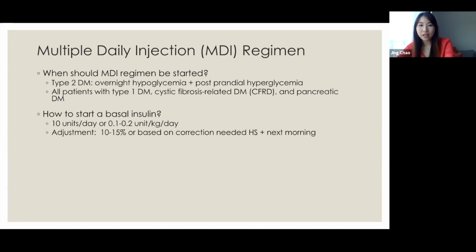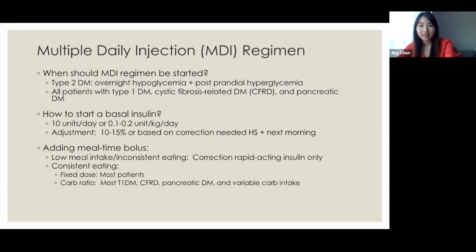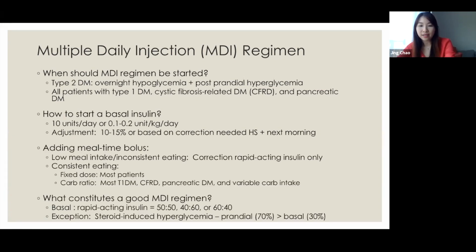So what constitutes a good multiple daily injection regimen? For the basal insulin, typically the basal insulin to rapid acting insulin ratio is 50-50, or also very often 40% basal, 60% rapid acting. Less frequently 60% basal, 40% rapid acting.